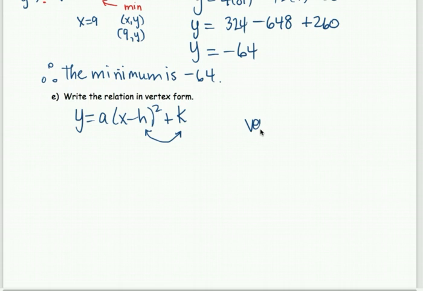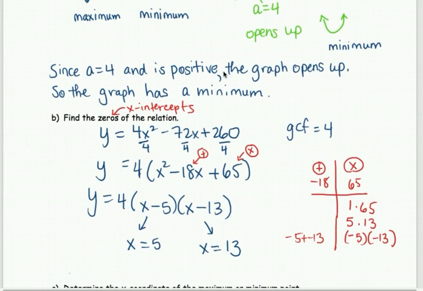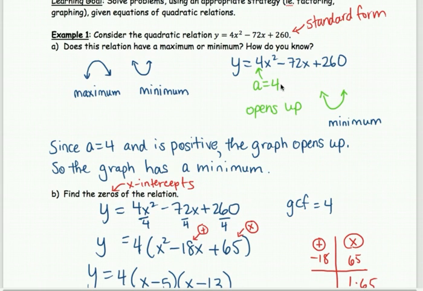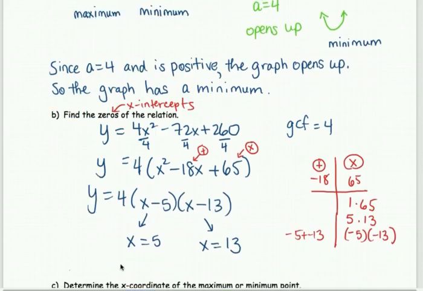The vertex was h, k, like that. And a is the a that we already found up here. Back here, we found a. A was 4. It's that number right in front, because the standard form, the general form, is ax squared plus bx plus c. So the a is the same for both of these forms.